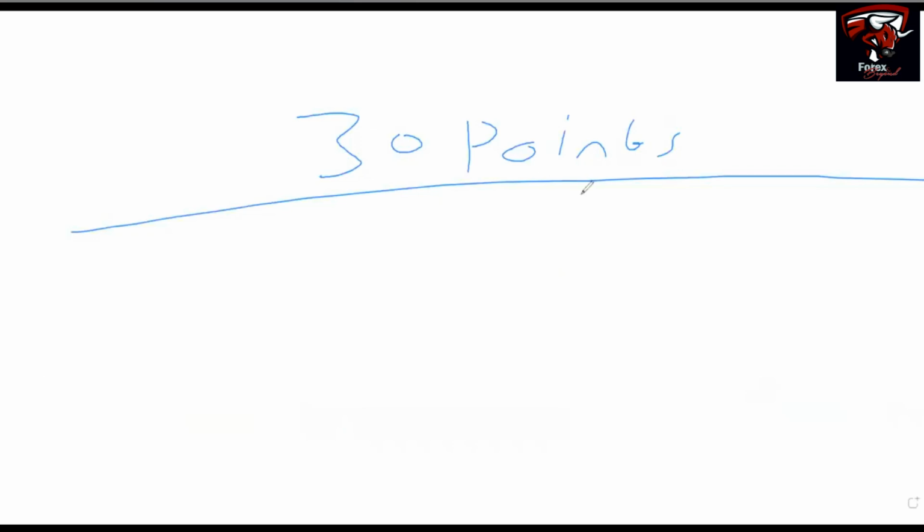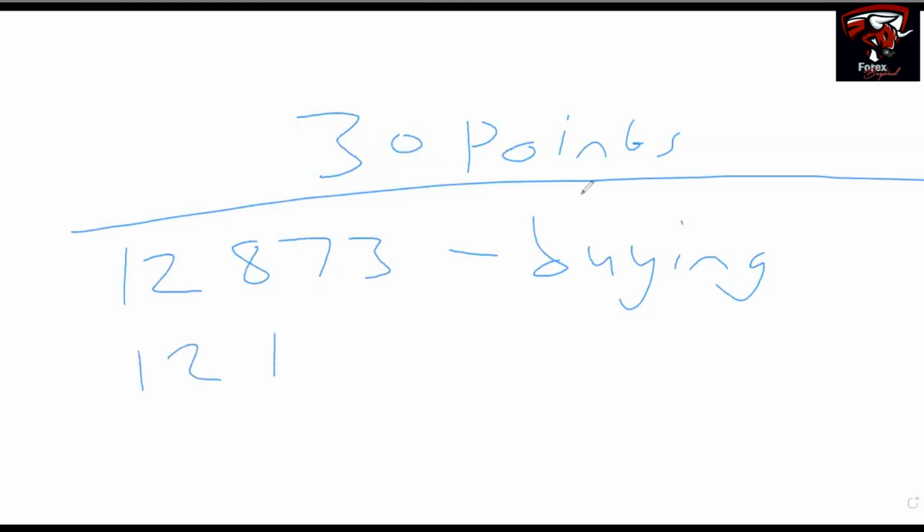If NASDAQ price is on 12,873 and I am buying, that means my TP will be at 12,873 plus 30, which will be 12,903. That is going to be my TP.